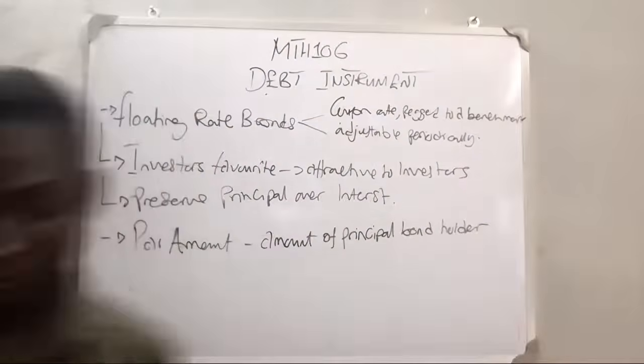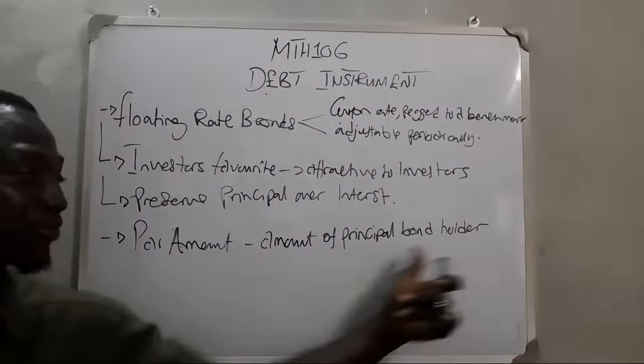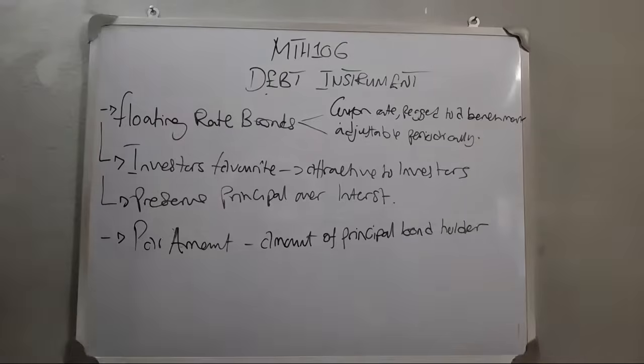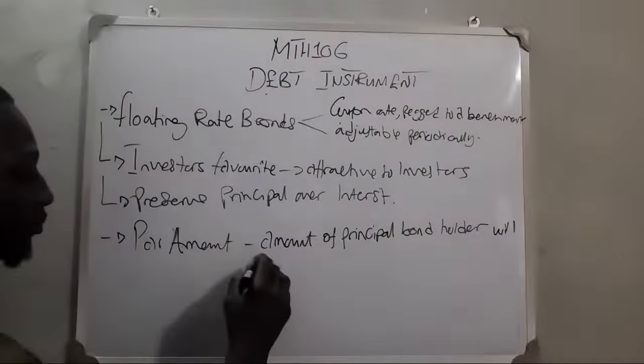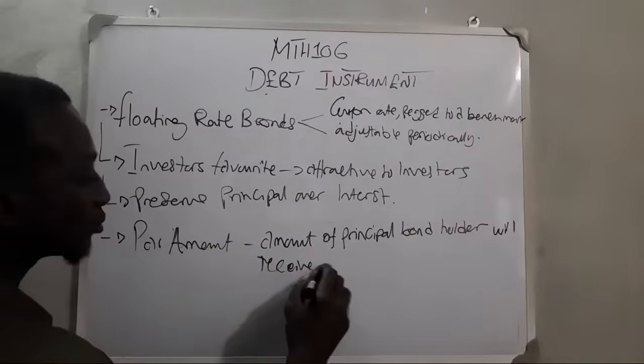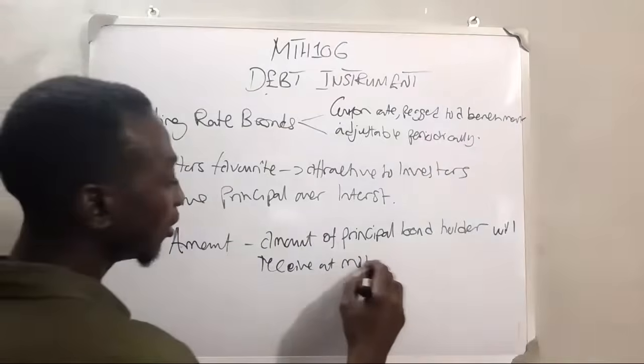This is the value of what you are holding. The amount of principal the bond holder will receive at maturity.